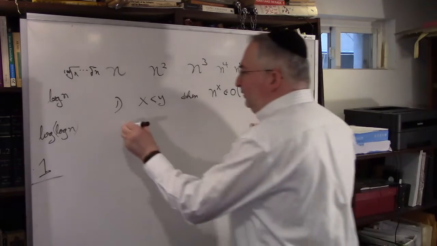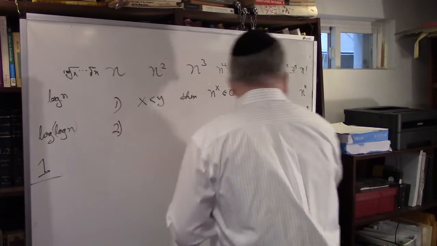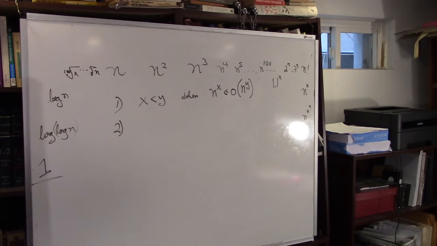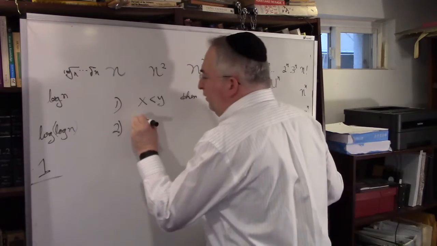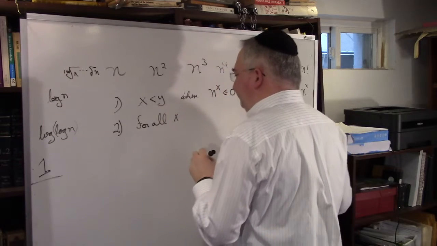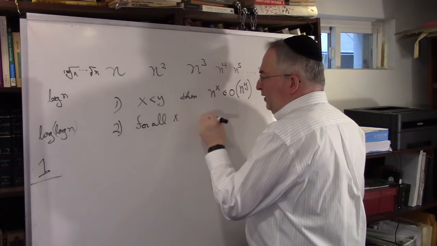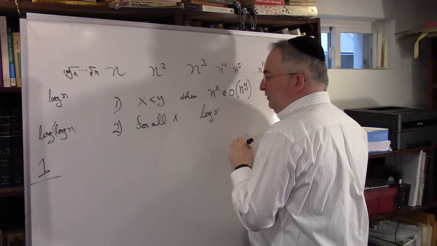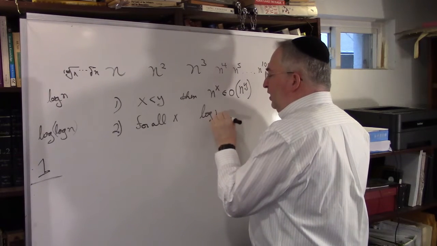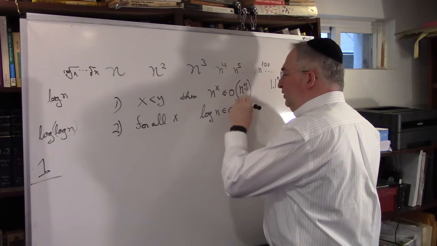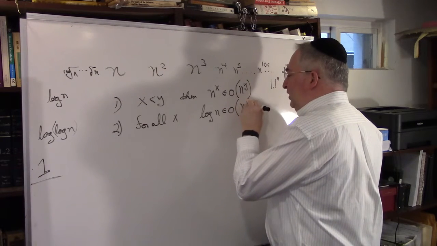Second, for all x, log of n grows smaller than n to the x.